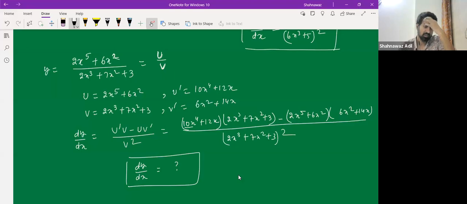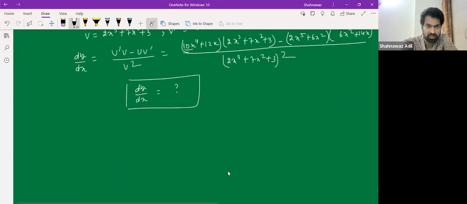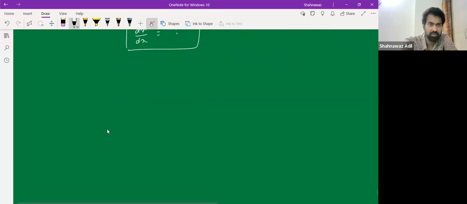Now we will move on to the other functions. But first, a quick simple question. Let's say this is root x. What would be dy by dx? What is the power of x here?